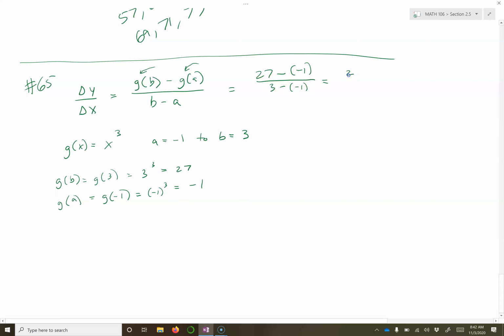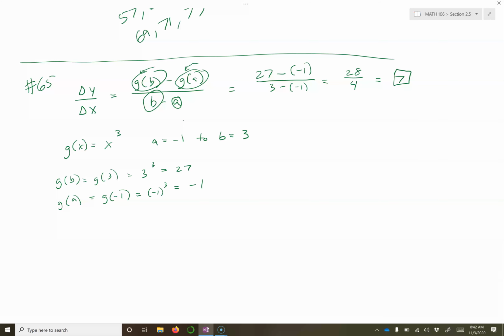In the numerator we get 28, in the denominator we get 4, and the average rate of change is 7. Again, you'll be given that equation. You just have to plug the values into the function and understand what these four things mean when you're reading a problem. All right, so that was average rate of change.